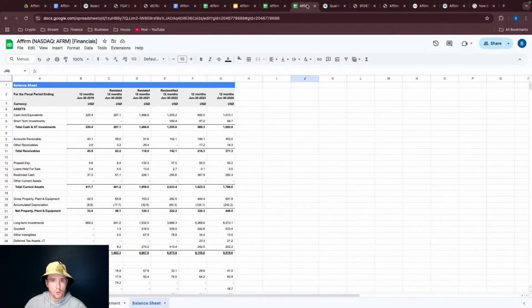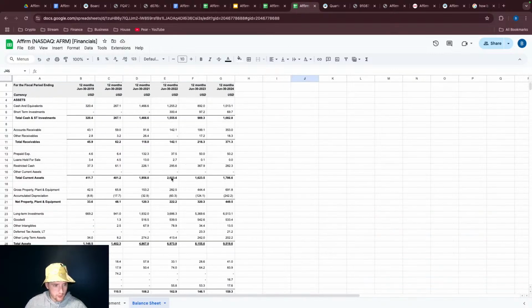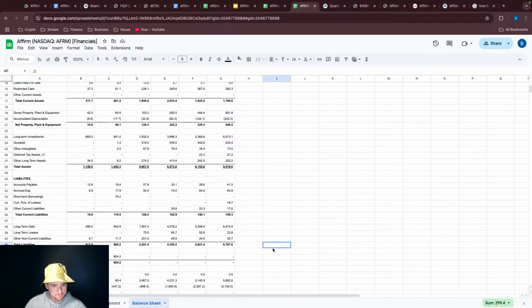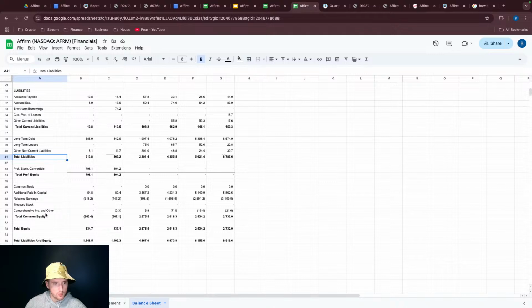All right, what are we going to use? We are definitely going to do total current liabilities. I don't think anything else. Accrued expense. No, we can do total current, total common equity, or just total equity in general.